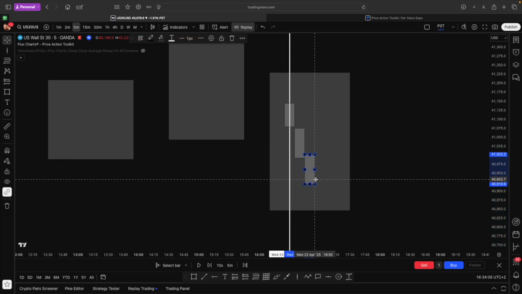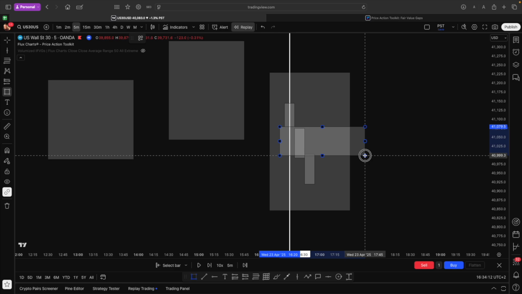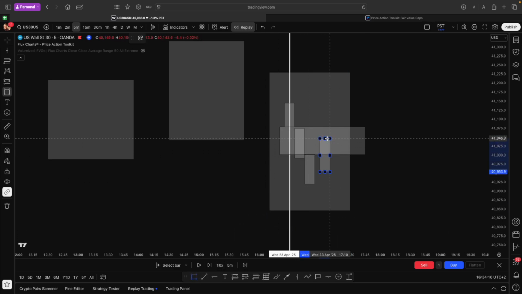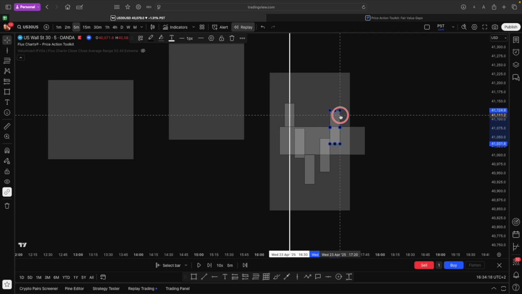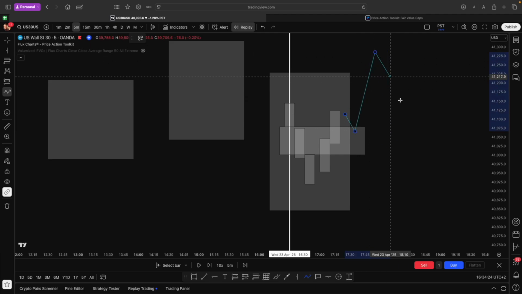So that would look something like this. If you have, after New York Open, your first fair value gap, we want price then to break through this gap, and we want a retest into this inverse fair value gap, and then continue.